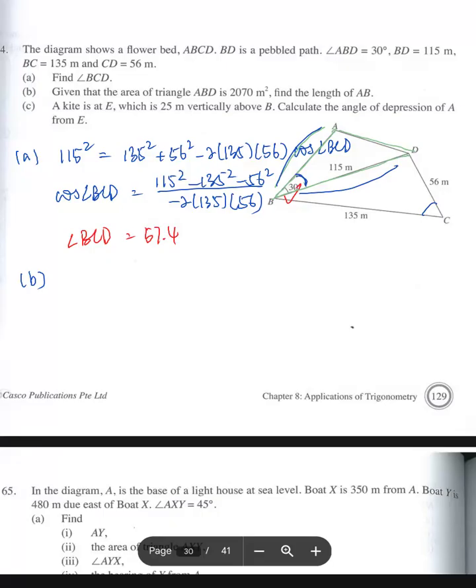Okay, so the area rule is half AB times 115 sine 30 degrees equals 2070. Okay, again, just key calculator in. So AB is 2070 times 2 divided by 115 divided by sine 30, 72 meters.